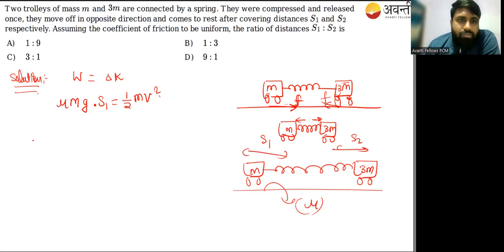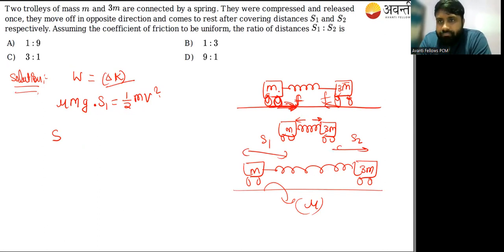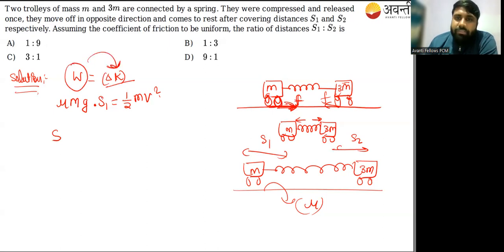If you focus on this s1, this kinetic energy will be spent by doing work against this friction. So in this process, the work done against the friction will be at the expense of this kinetic energy.